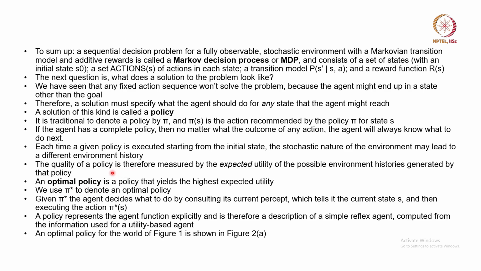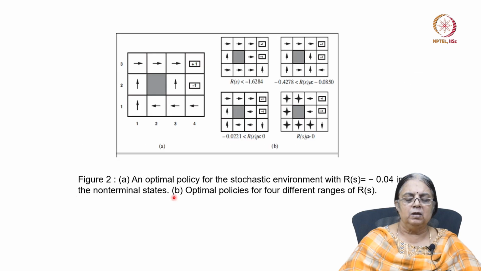So how do you measure the quality of a policy? It is measured by the expected utility of the possible environment histories generated by the policy. So we want pi star, which is the optimal policy. The optimal policy is shown here.